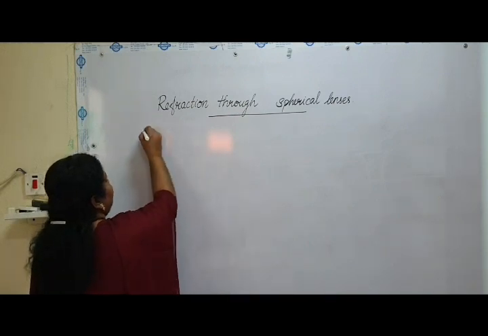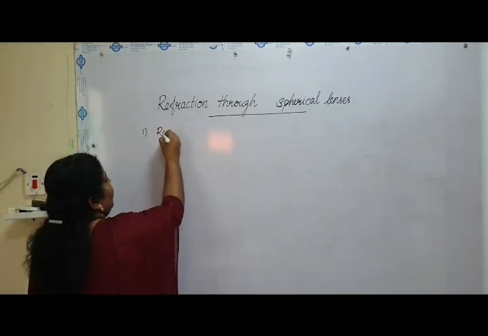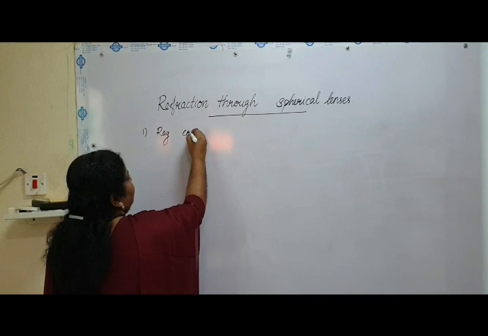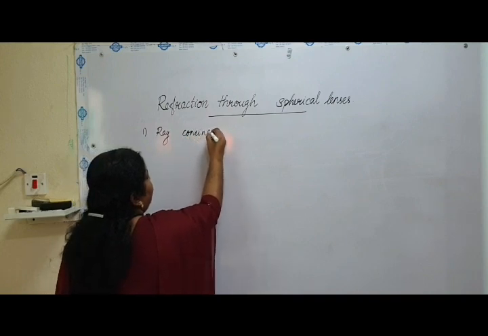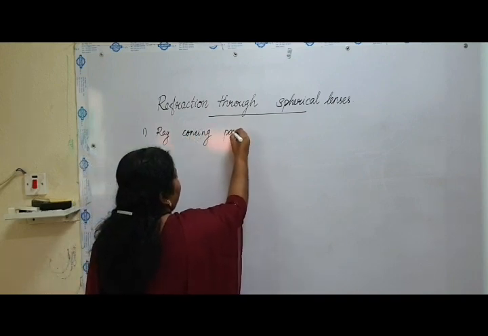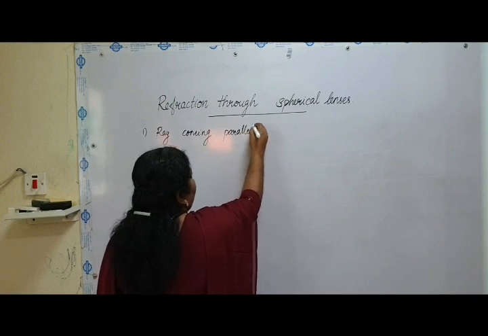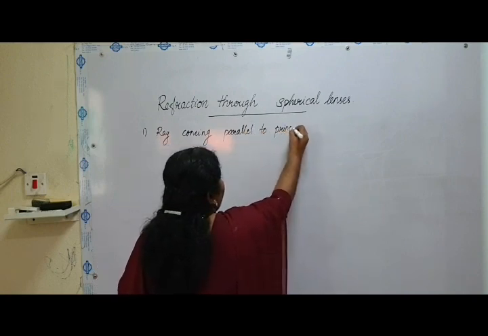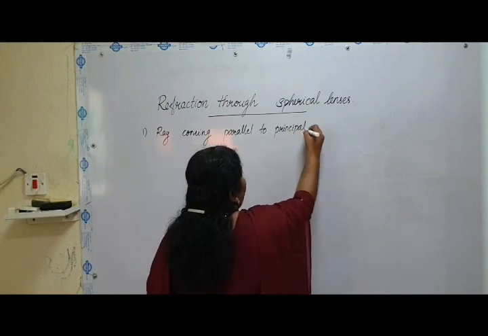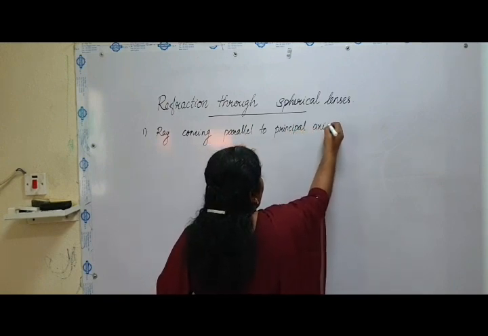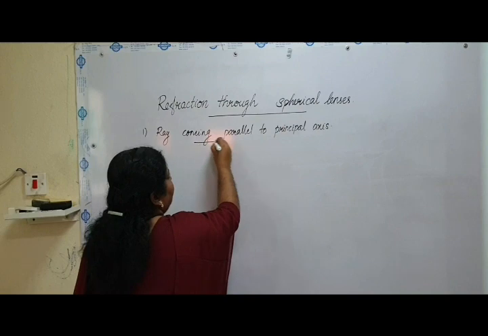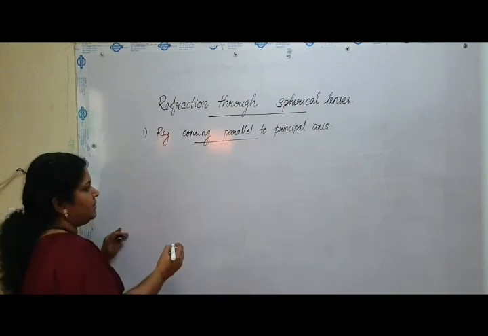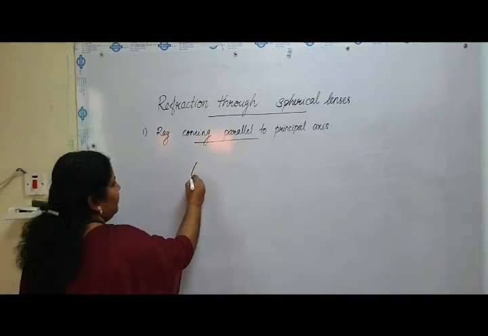So first type of ray, the ray coming parallel to the principal axis. So the first type of ray we will draw.